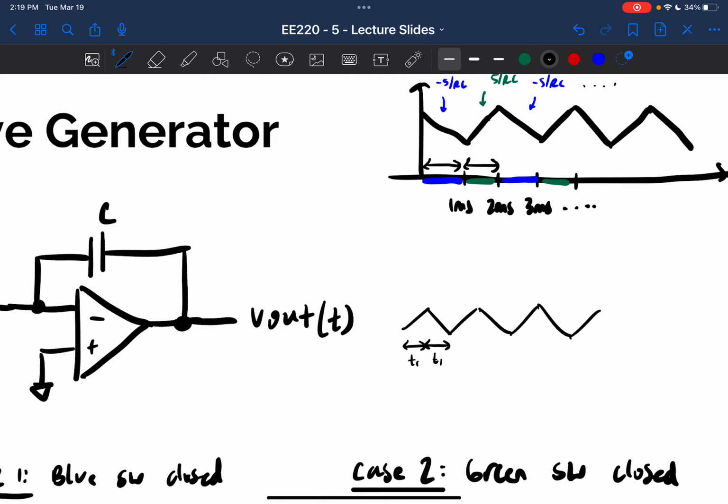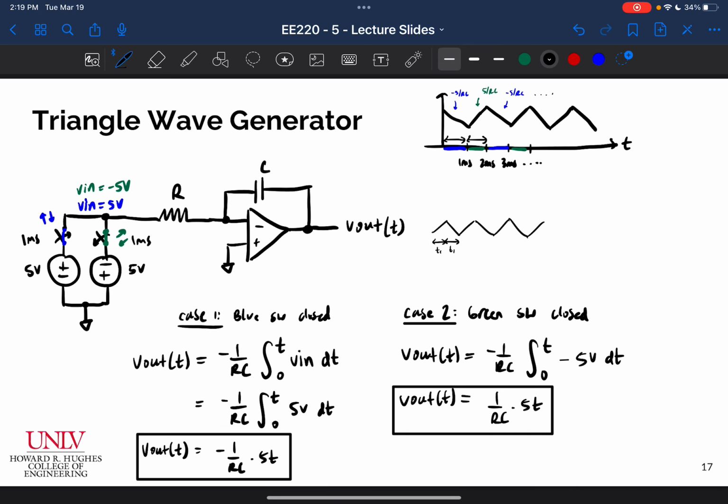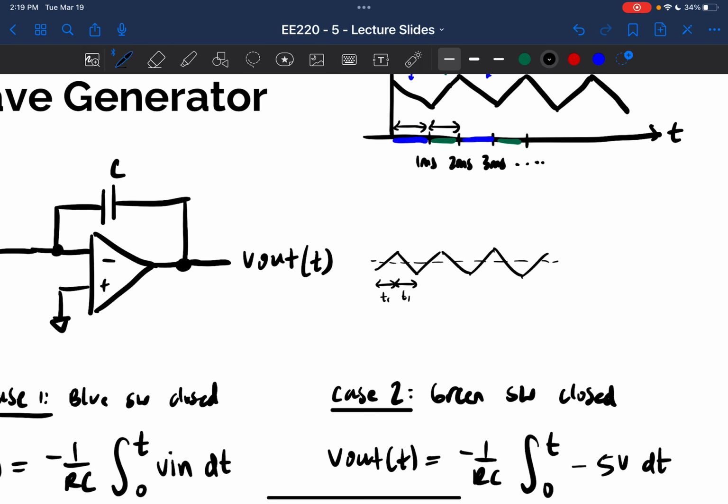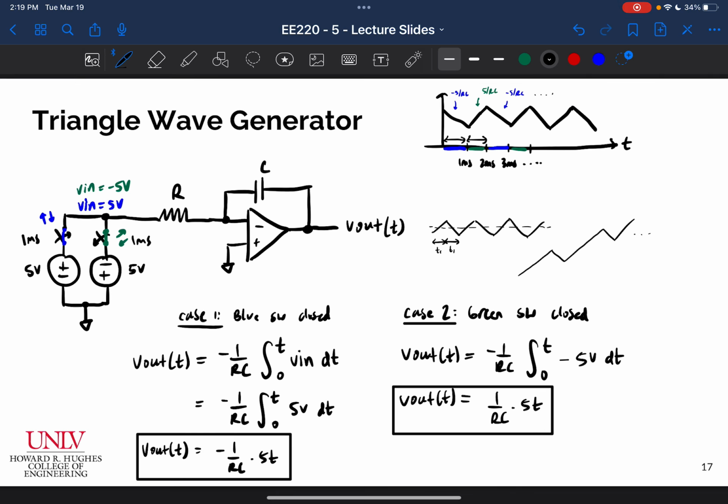Well, if one of the switches is on longer than the other one, then we're not going to get something that's got a constant average value. We would get something that would run away, because one would be on for a long time and the other one only for a short time. And so this would run away, and we would eventually get either a positive or a negative infinite voltage, and something would blow up in our circuit.